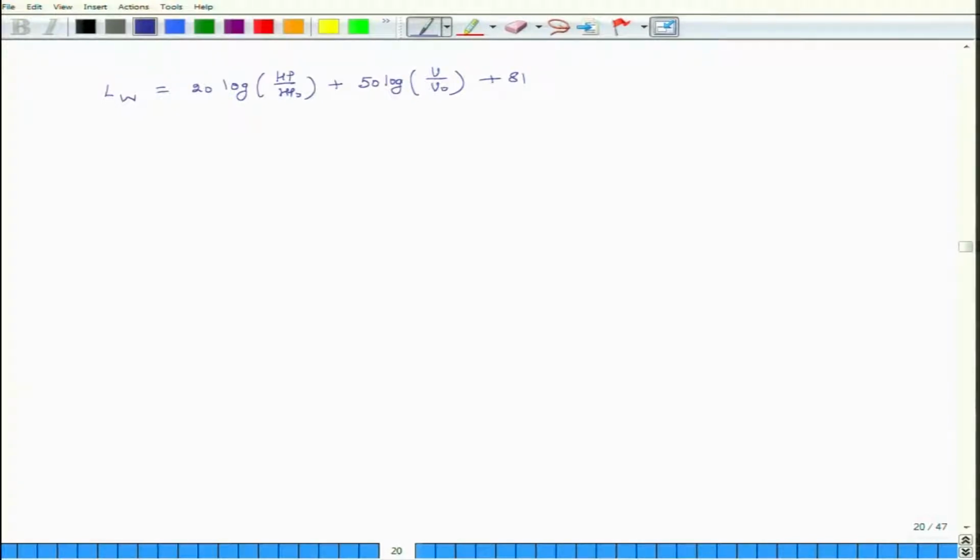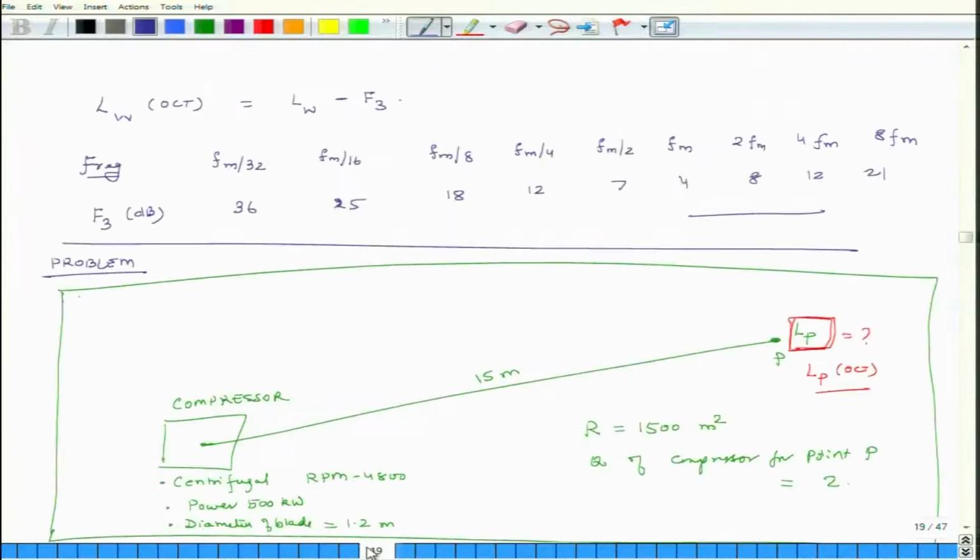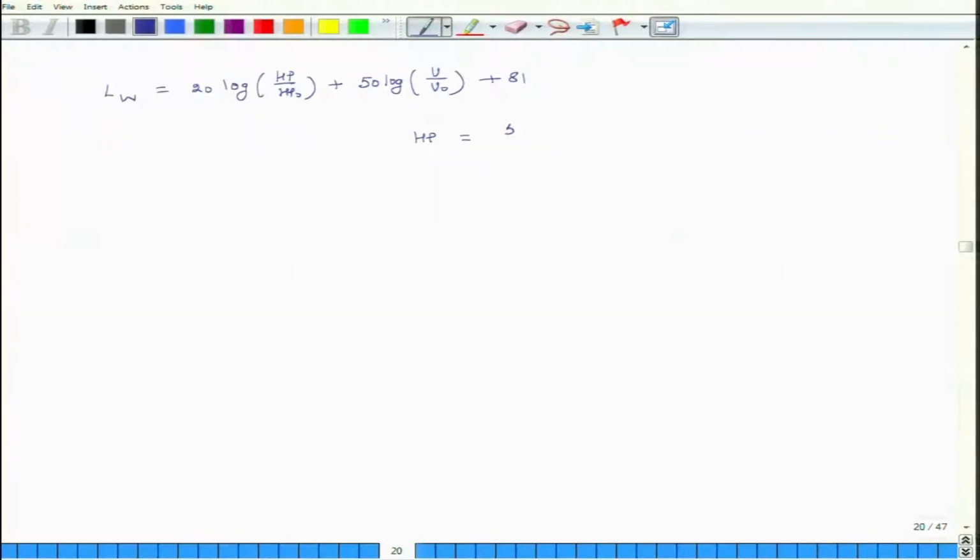What is HP? This is the horsepower of the machine, and the power of the machine is 500 kilowatts. So, it will be 500 times 10 to the power of 3 watts divided by 746. If you do the calculation, it comes to 670 horsepower.